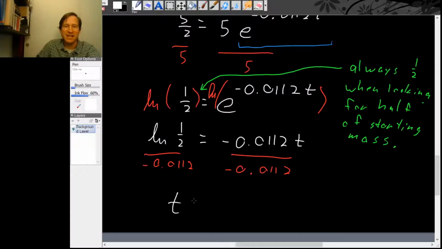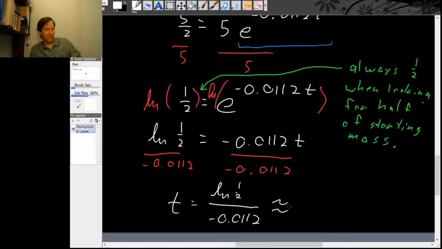And we get t is natural log of 1/2 over negative 0.0112. And let's find an approximation for that. So natural log of a half divided by negative 0.0112, I get 61.89, and this is in days.